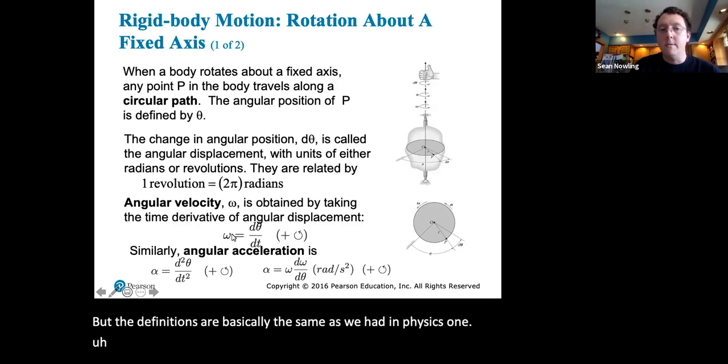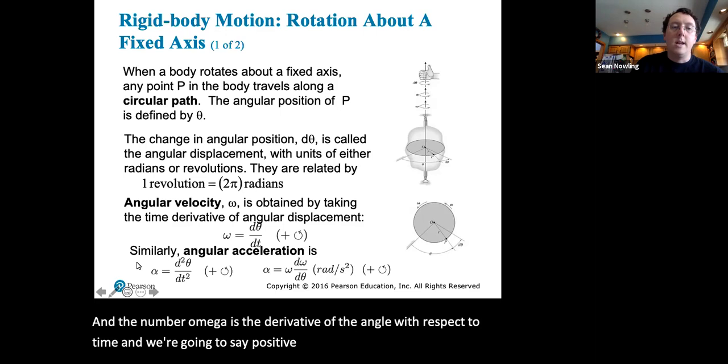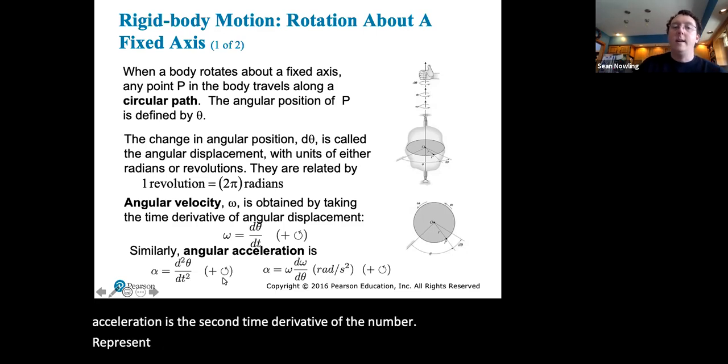The scalar quantity omega is the derivative of the angle with respect to time, and we're going to say positive is counterclockwise. Angular acceleration is the second time derivative of the angle, and again, positives are defined in the usual math definitions.